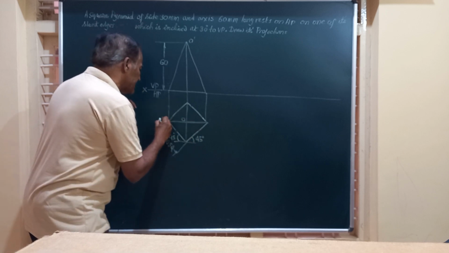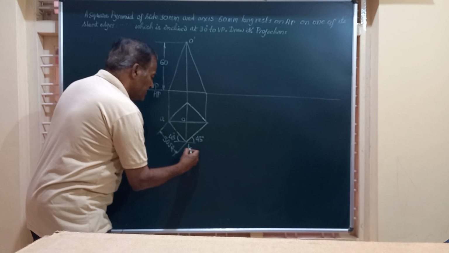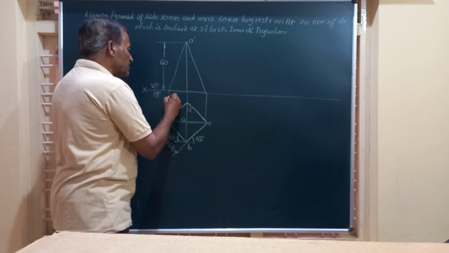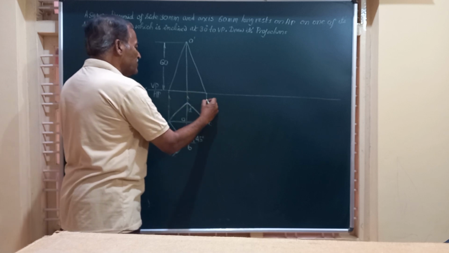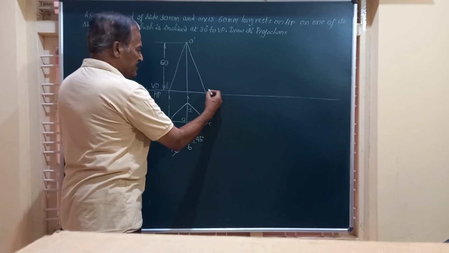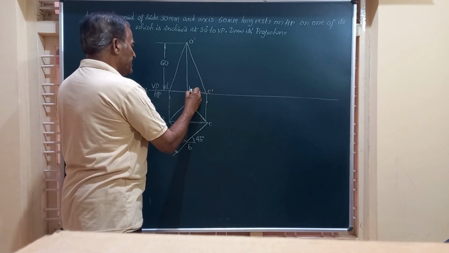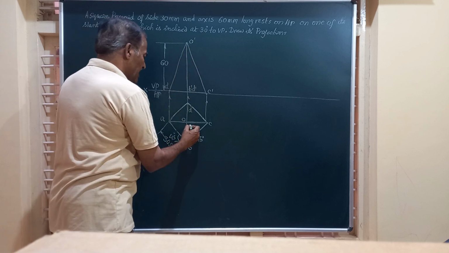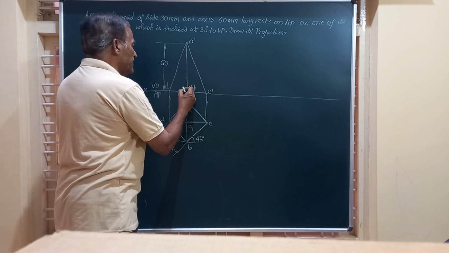So let me mark it as A, B, C and D finally. So we will transfer all these points to the front view and mark this point as A dash, this is C dash, this is B dash and D dash. O is the vertex and O1 is the center of the base.